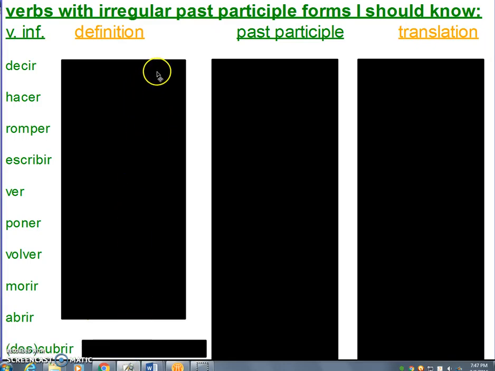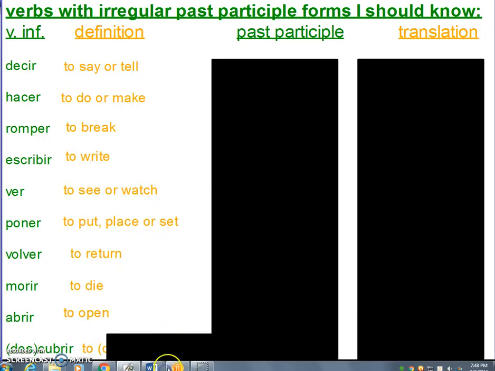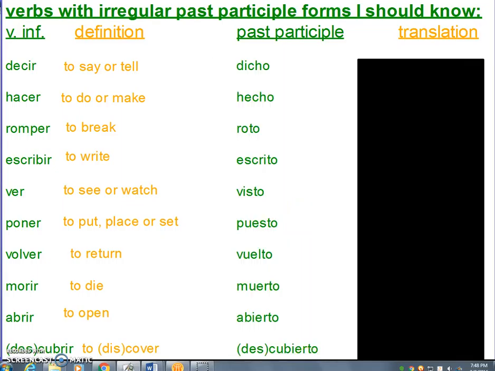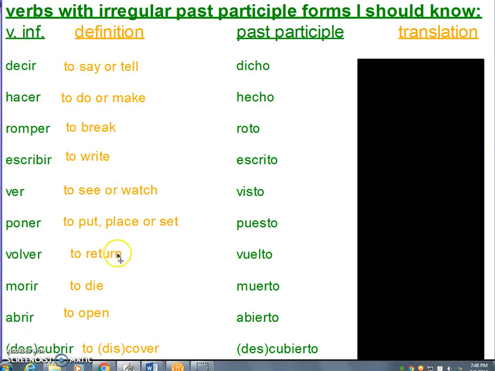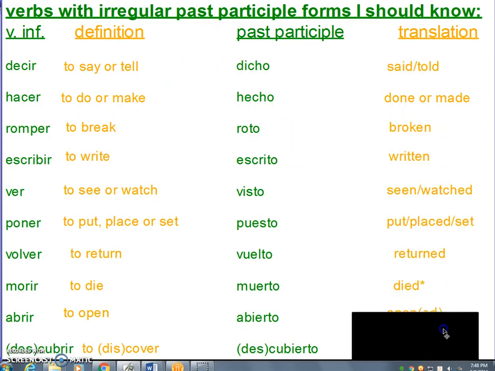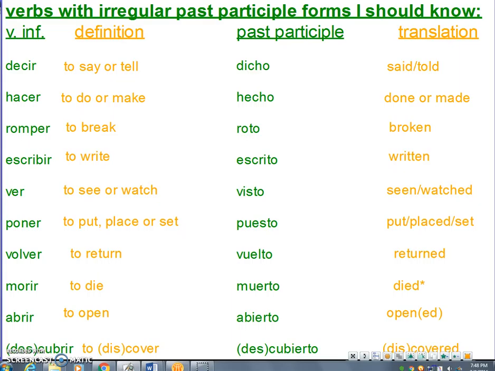You should already know their definitions, but in case you don't, here they are. You should already know their past participles because they are review and they are vocab, but if you don't, here they are. And you should understand what their past participle would mean if you were going to use one of these verbs and turn it into an adjective. Here is what the past participles would mean.